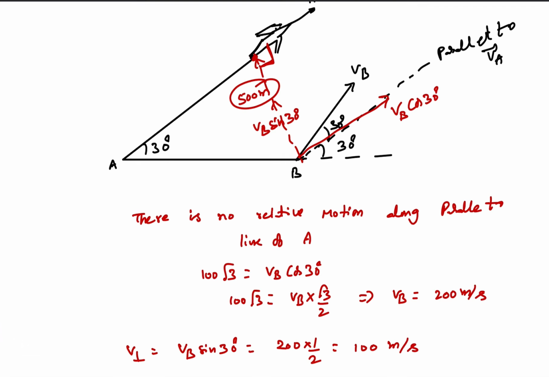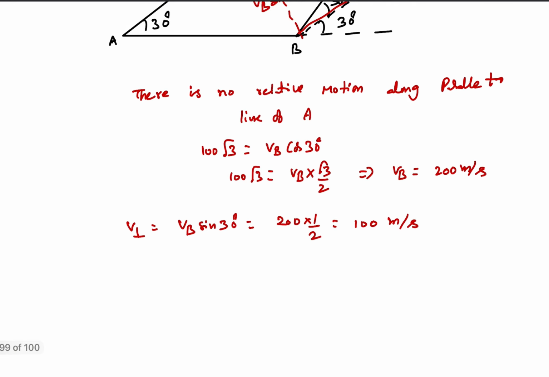To escape from this, it should actually be a critical condition. In what time can B reach A? B can reach A in time t equal to 500 meters perpendicular distance divided by its perpendicular velocity.